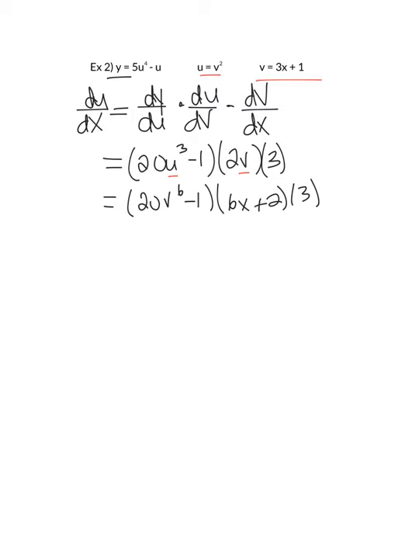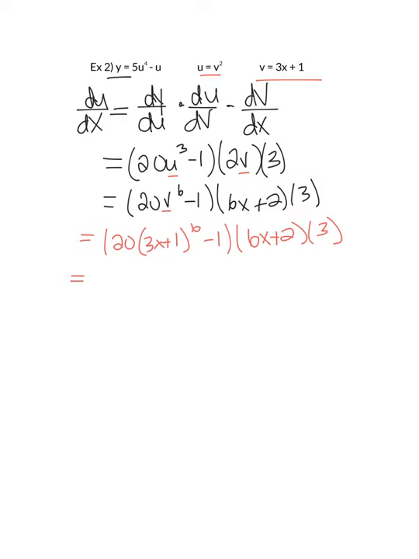I need only x's in this equation, so I do need to go ahead and replace this v with my equation for v. So I'm going to have 20 times 3x plus 1. Sorry, that's really messy there. To the 6 minus 1 times 6x plus 2 times 3.